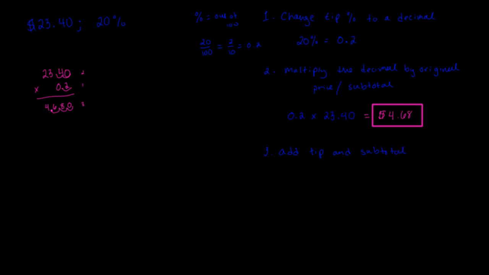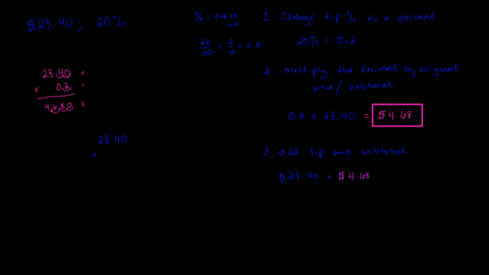Which means we're going to take that $23.40 and add that to our $4.68. We'll add those up, and whatever we get will be our total bill. Okay, so let's do that here. We've got $23.40. And then we're going to add.